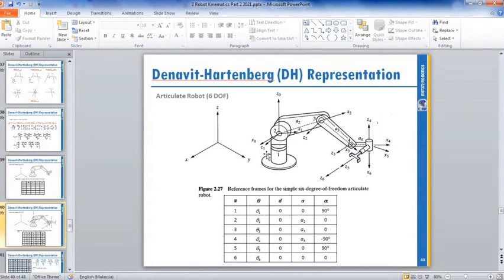Then we see the difference between frame 0 and frame 1. What is the difference here? First x0 is in this direction. Now for the second frame, x1, we start from frame 0 and then this is frame 1.